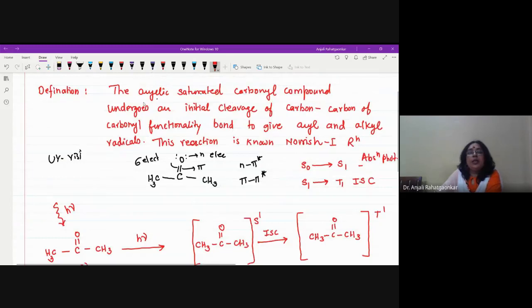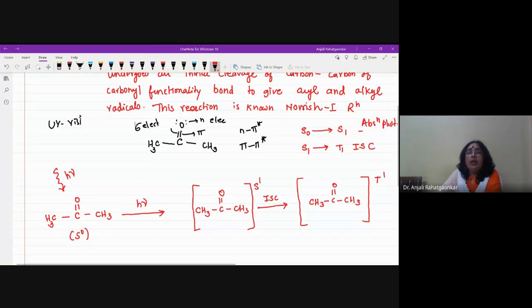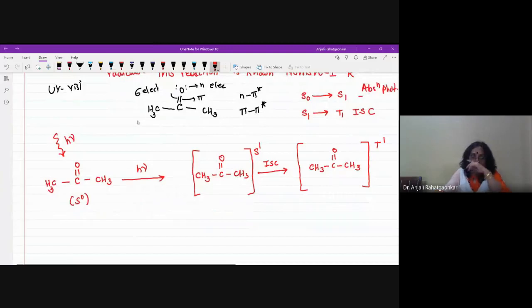Now the second condition, as I told you, is the initial cleavage at the carbon of the carbonyl functionality. Here you have how many connections? One connection and a second connection. This is the carbonyl, attached to this on one side and to this on the other. So there is an alpha cleavage, which I will explain later.